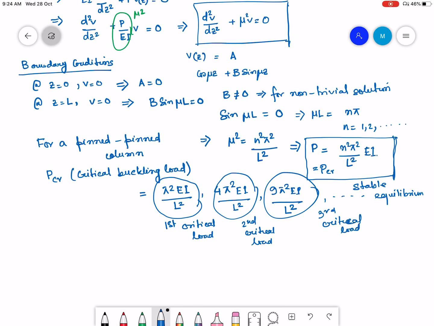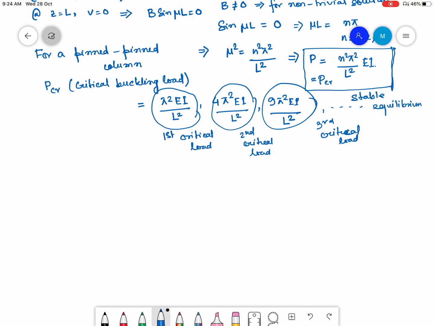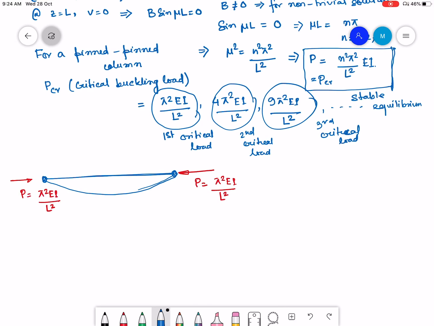Okay, now what is going to happen if I have the pin column and I give P equal to pi square EI by L square? Then this column is going to buckle in this form.